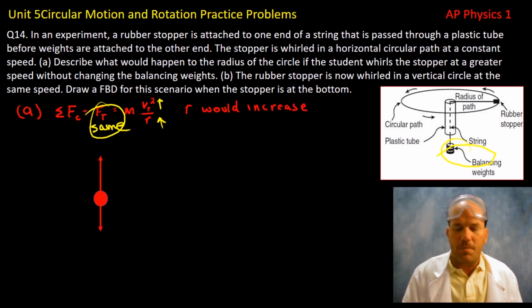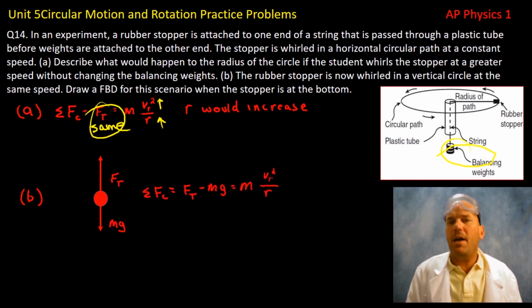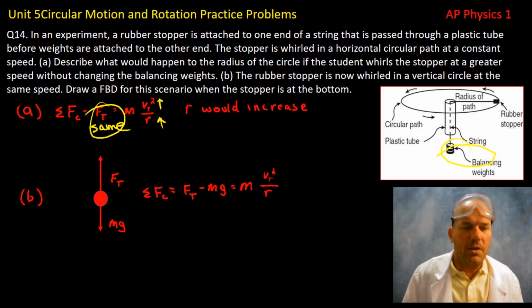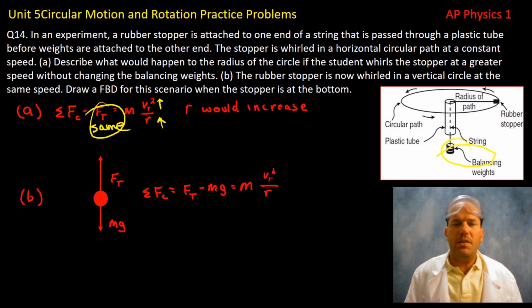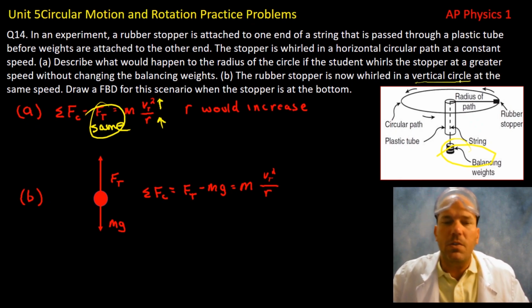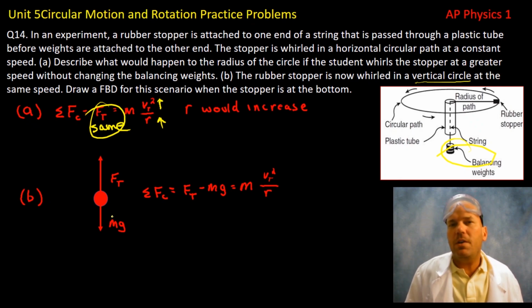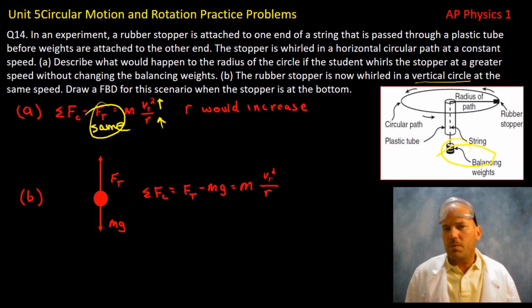All right, so let's go ahead and look at part B, where you're asked to draw free body diagrams for the scenario here, where we have our centripetal force being our force inward. In this case, in contrast to the horizontal, now we're looking at a vertical circle. So we show here force of tension is our inward or positive force. We subtract force of gravity, which is downward and directed toward Earth, and we set that equal to mass times the centripetal acceleration.